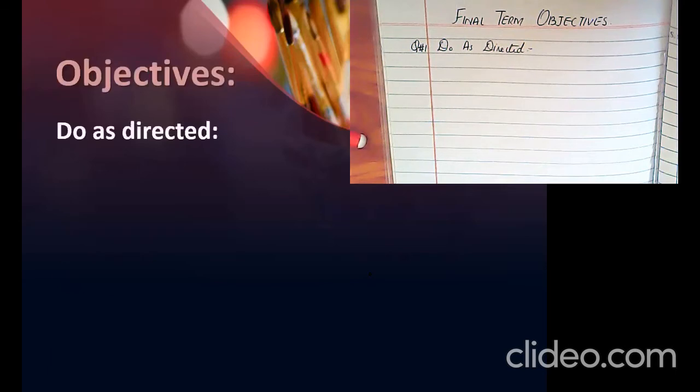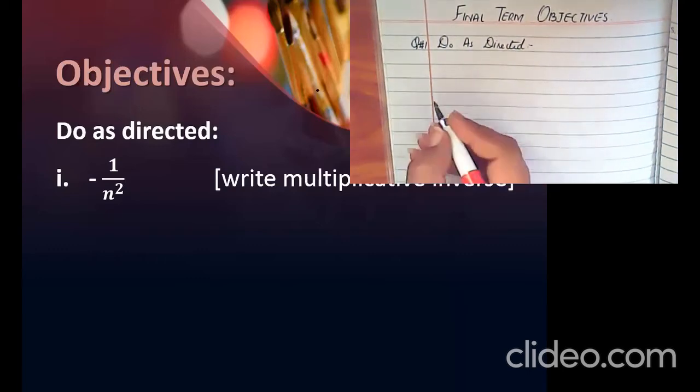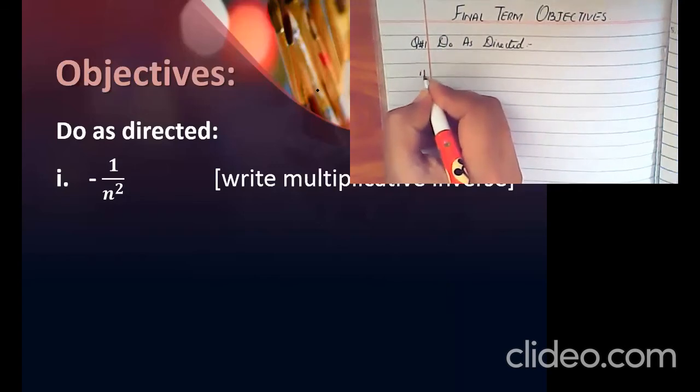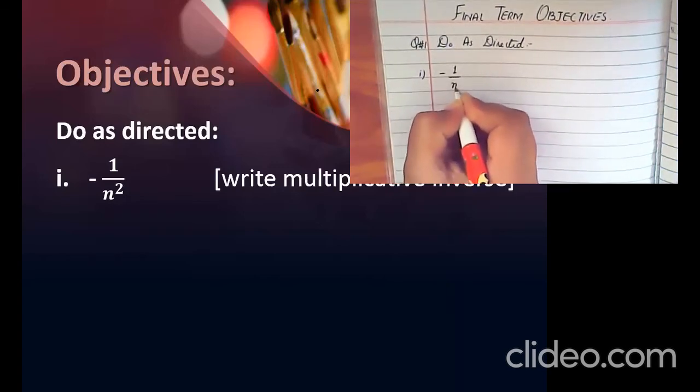After writing the question do as directed, solve this one. First copy down this question and write down the answer of this one. Everyone, please. Please do it fast, beta. Time is running out. Very simple and easy. Bit number one, which is minus 1 upon n square.